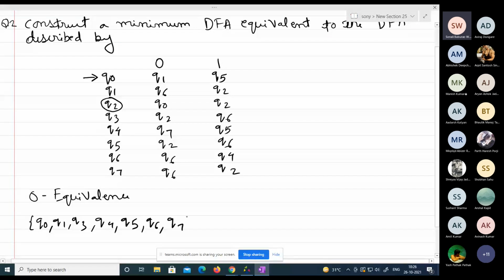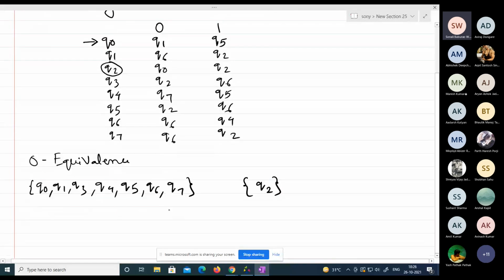I have only one final state here, Q2. So these are the values of zero equivalence: two sets, a non-final set of states and a final set of states. That is called zero equivalence.